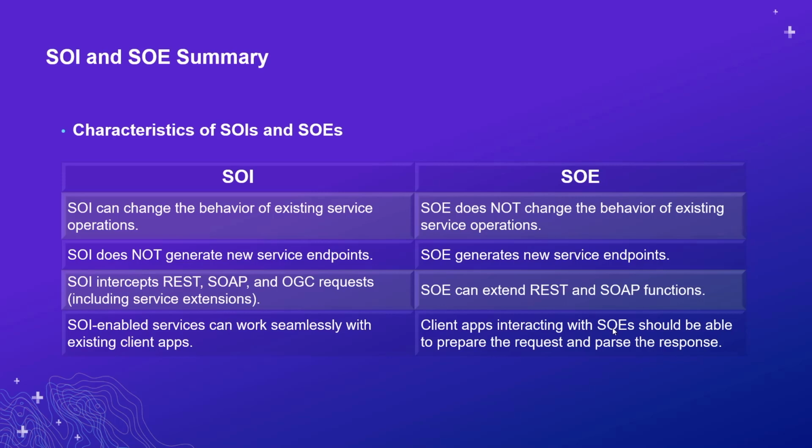And since SOI resides on the server object and does not change existing service functions, the client application will not know the existence of the SOI, and neither will it know what customization the SOI makes. So an SOI-enabled map service will look the same as other map services without SOI added, which means it can work seamlessly with existing client applications.